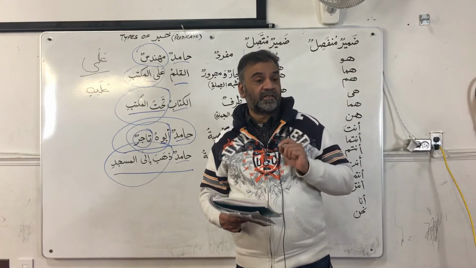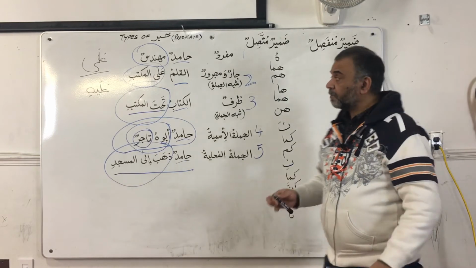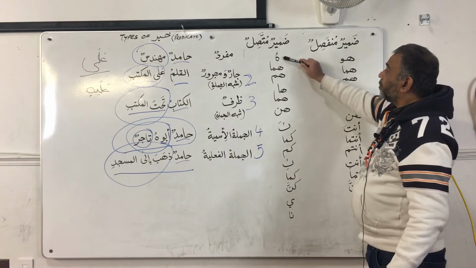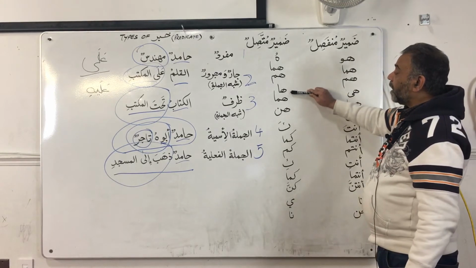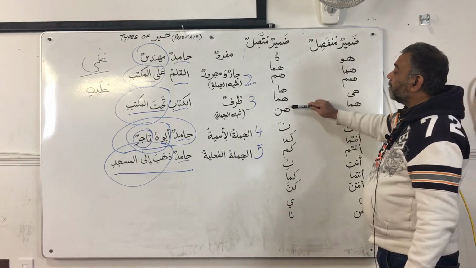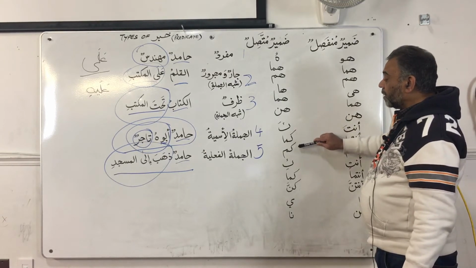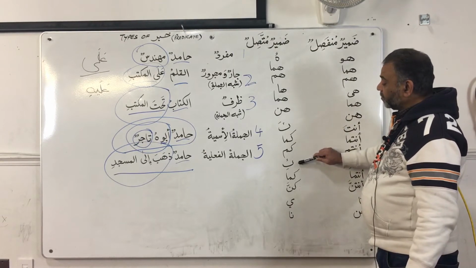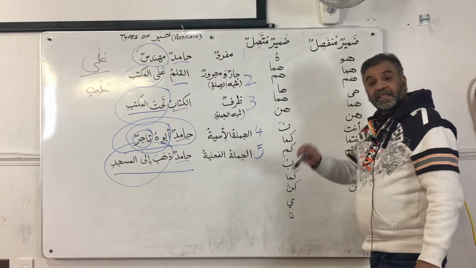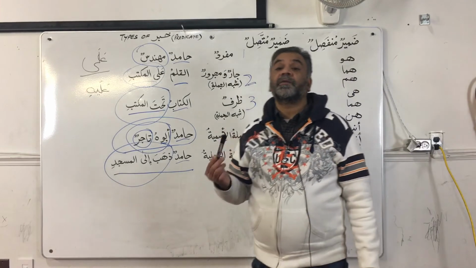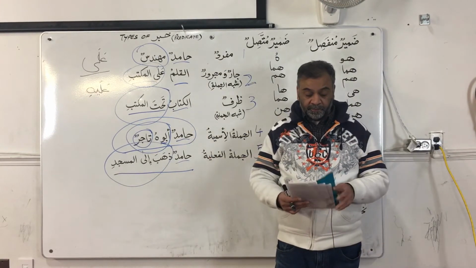And we had done this drill here. Let's do this drill again. Baituhu, baituhuma, baituhum, baituha, baituhuma, baituhunna, baituka, baitukuma, baitukum, baituki, baitukuma, baitukunna, baiti, baituna. Our house, baituna.